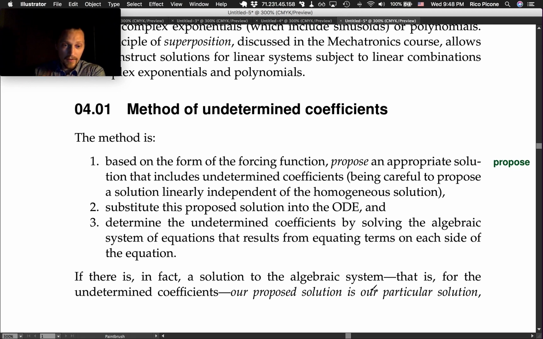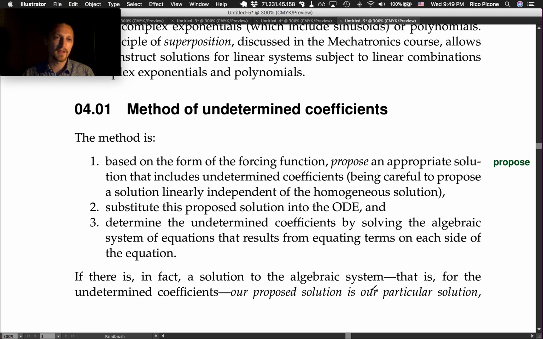So if there is, in fact, a solution in step 3 for these undetermined coefficients, that is a solution for the algebraic system that results from plugging in our proposed solution and equating all of the coefficients, our proposed solution is our particular solution. So we proposed it, and then the approval is, there are coefficients, we can determine what they are, that give us a solution.